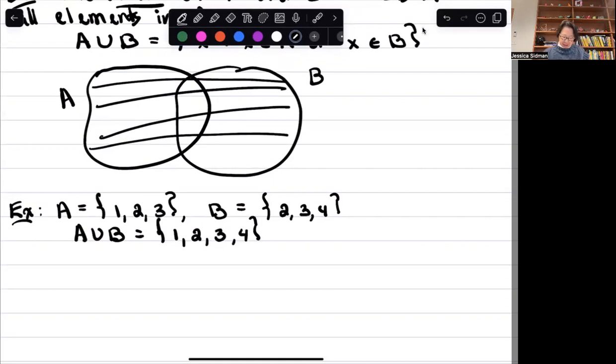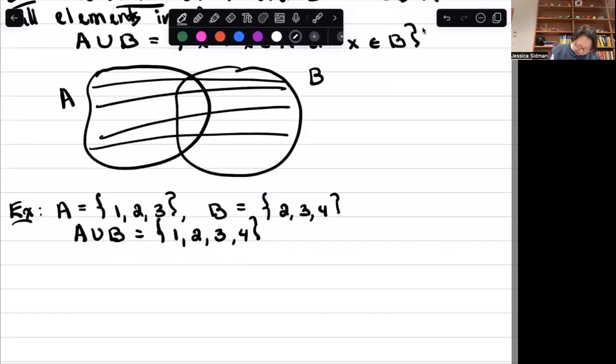Okay, because each of those elements is either in A or in B, or they could be in both. That's okay too. And note that the elements that are in both of them, I don't list them twice. I just list them once. Okay, so that's the union of those two sets.